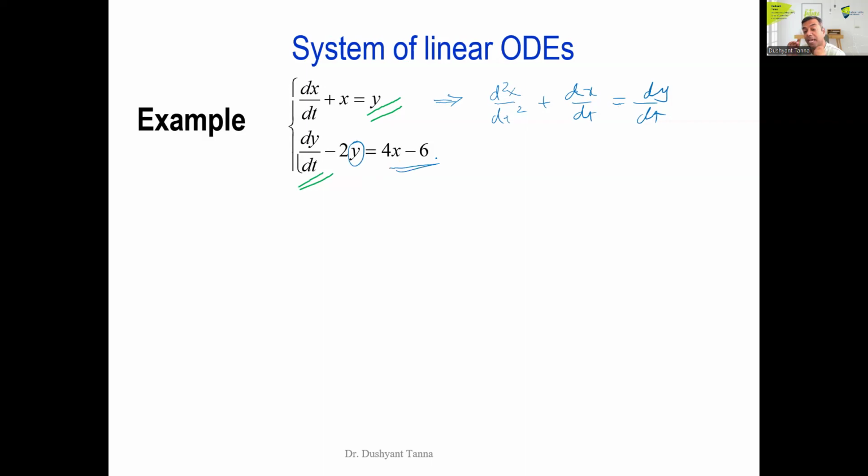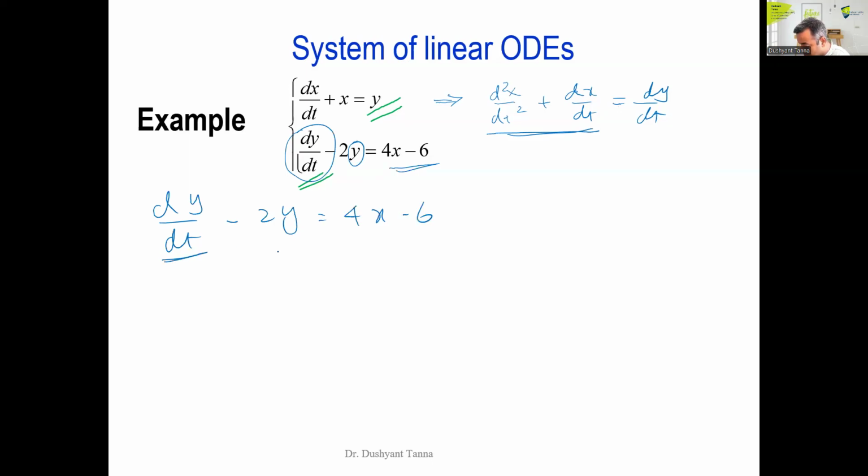What happens right now? You got x, y, and t. Again, my priority is to get rid of y, just bring x and t, one on each side, right? dy by dt will be taken care of. That will be x and t. I still got 1, so mine is 4x minus 6.